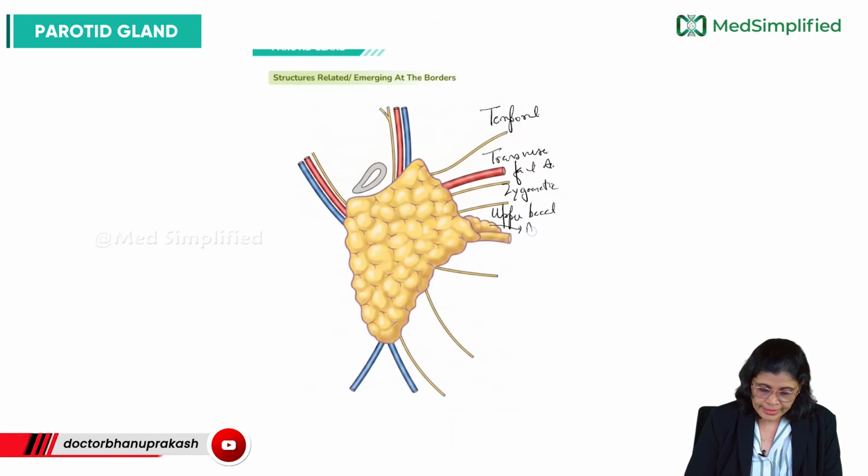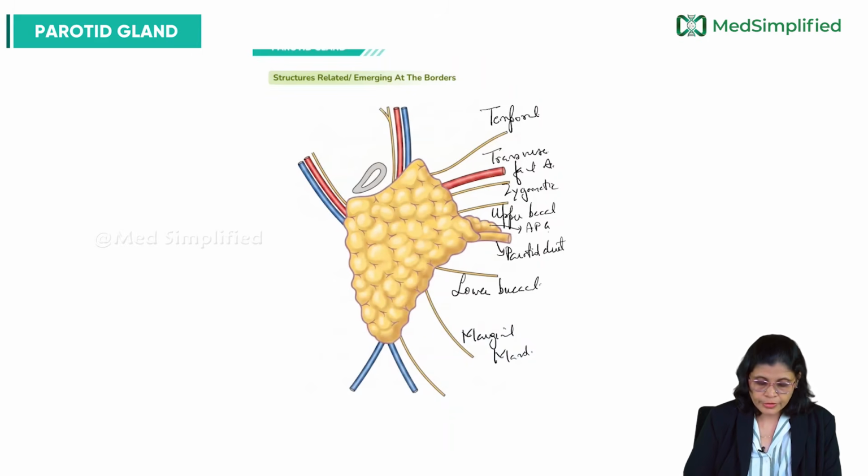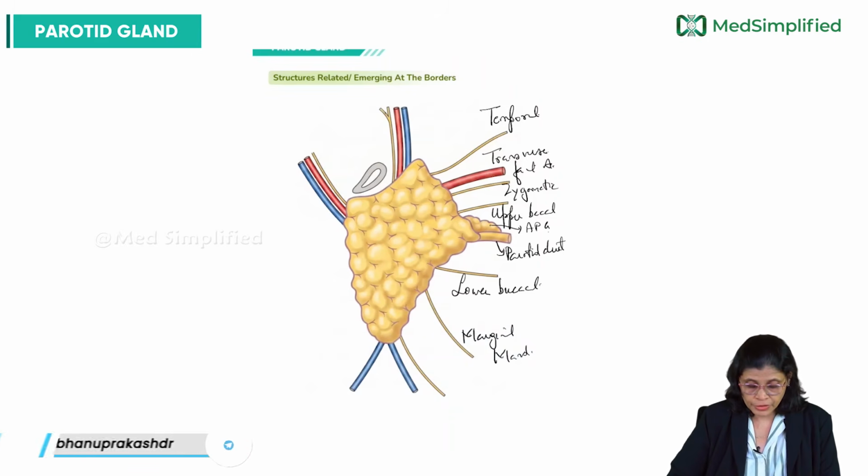After that we see the accessory parotid gland and the parotid duct, then lower buccal, then the marginal mandibular. So these we see along the anterior border of the parotid gland.